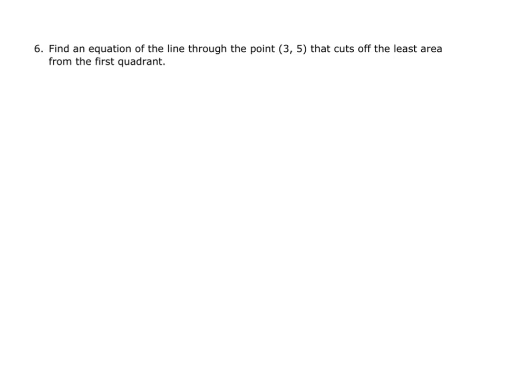All right, number 6. Find an equation of the line through the point 3, 5 that cuts off the least area from the first quadrant. All right, 1, 2, 3, 1, 2, 3, 4, 5. So here's our point. So this needs to cut off from the first quadrant.